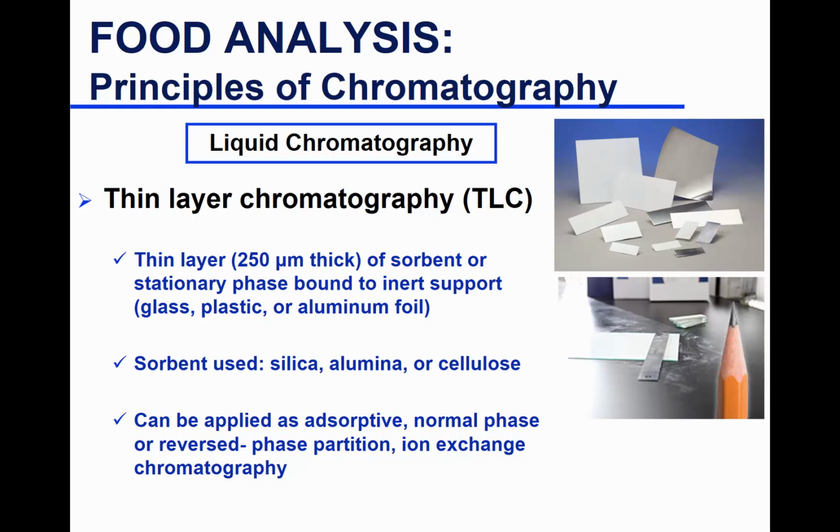Or, not in water, in an organic solvent, you have that layer over the silica and then it becomes reverse phase. Or you can take the OH groups, if it's cellulose, or other groups on silica, and attach an ion or a charged molecule, and then it can be run as ion exchange.